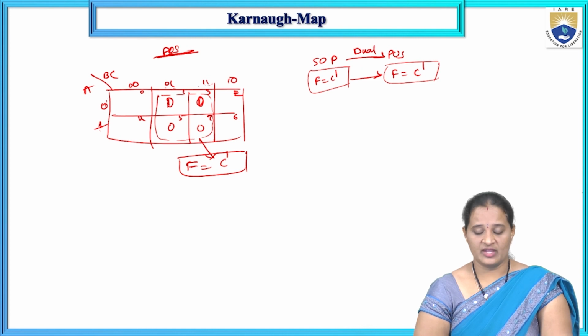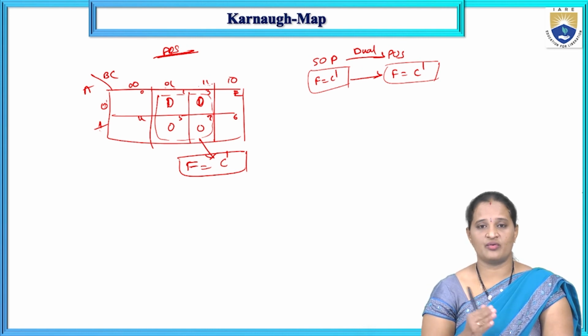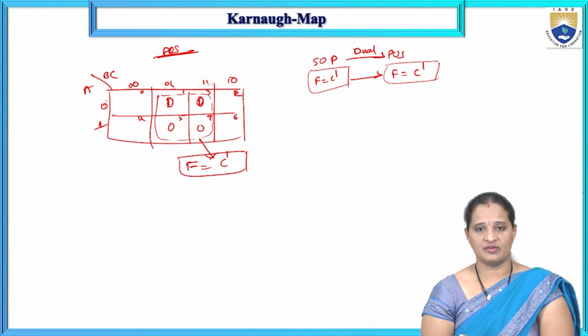In this lecture, we have seen what a K-map is and why we go for the K-map, how to draw the different variable K-maps, and how to form the groups, and what happens if we form a group, how the variables are eliminated.